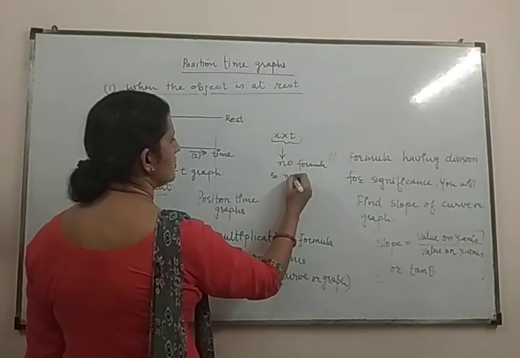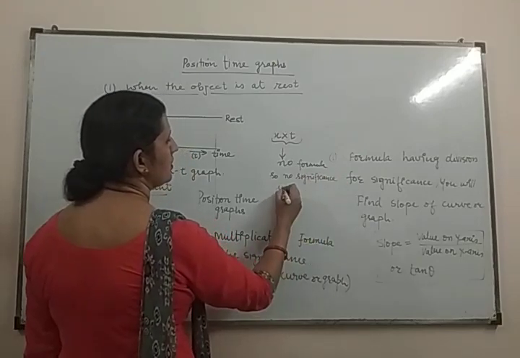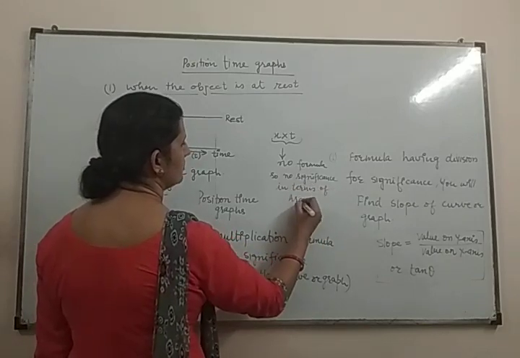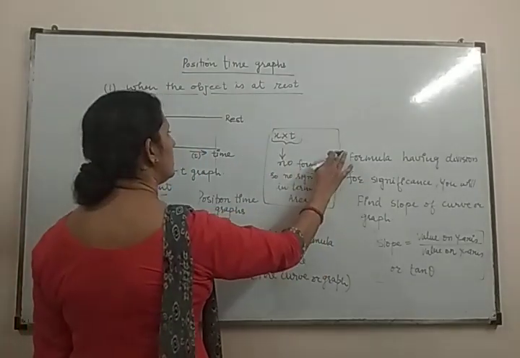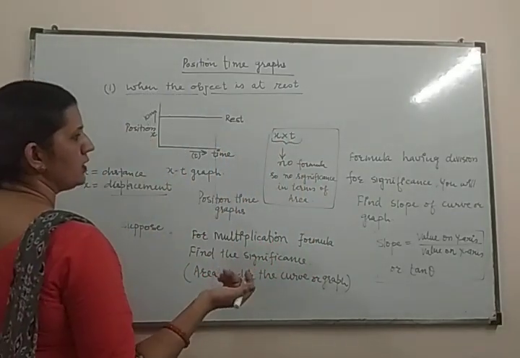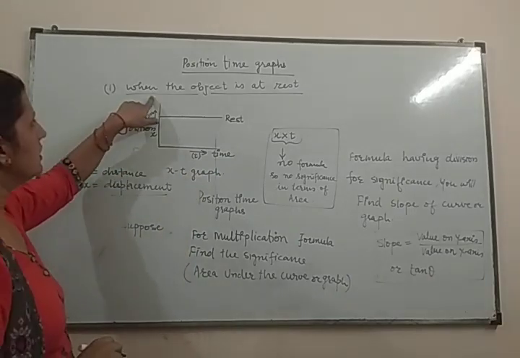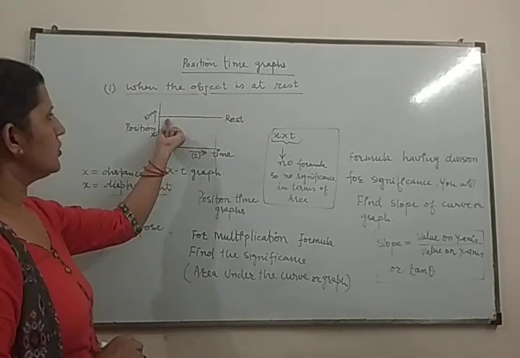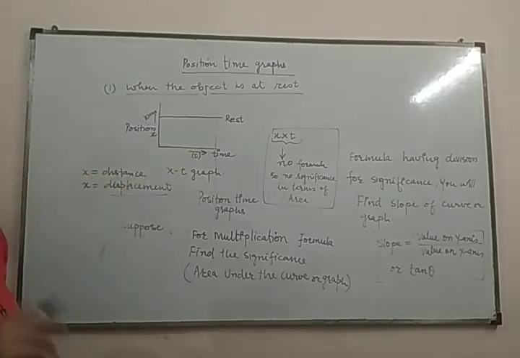This is the important point. You can calculate the slope of this. I will tell you how to calculate the slope in the next graph. So I think this is clear to you. When the object is at rest, the position will not change and the shape of the XT graph is like this.